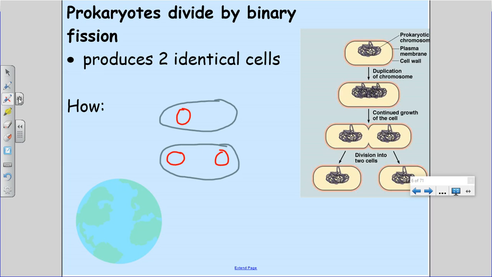Now, once we have a cell with two chromosomes in it, all that happens is that cell will pinch in half and divide into two. These two cells are identical to each other, and they have the same DNA as the cell in the beginning. The only difference is that they're just smaller because they just divided.